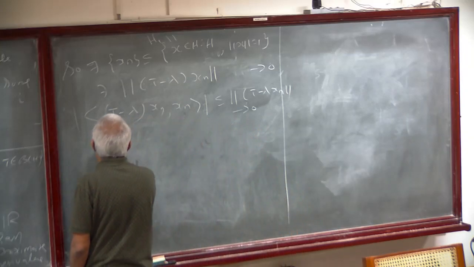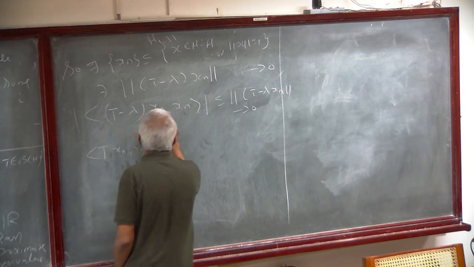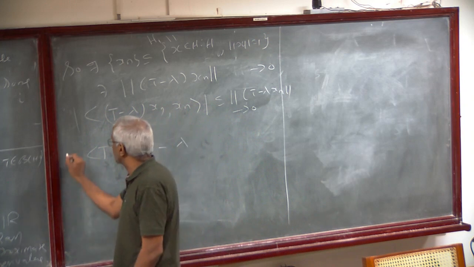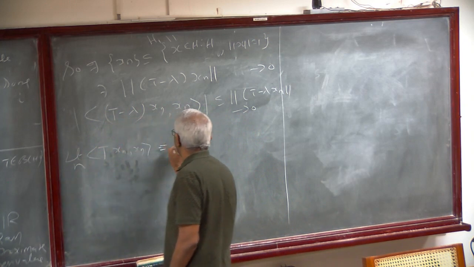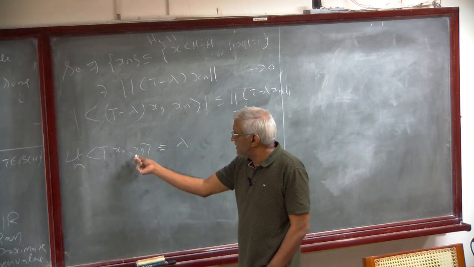Now this is equal to <T x_n, x_n> minus lambda <x_n, x_n>, which is just lambda. That's what this is, right? These are all real.